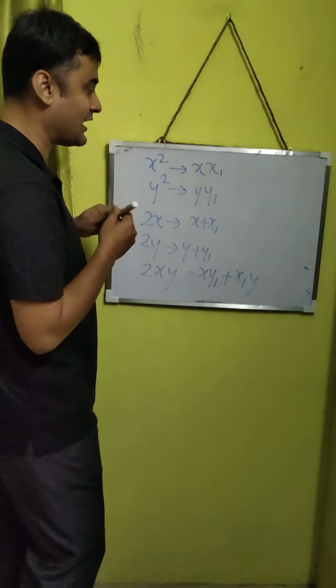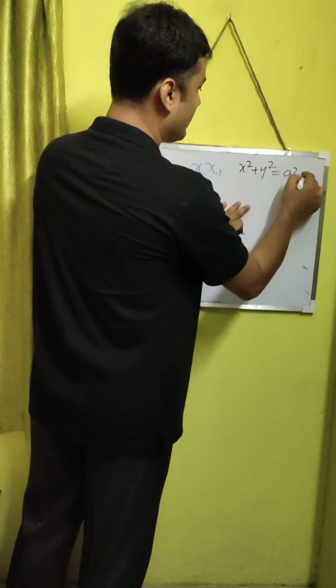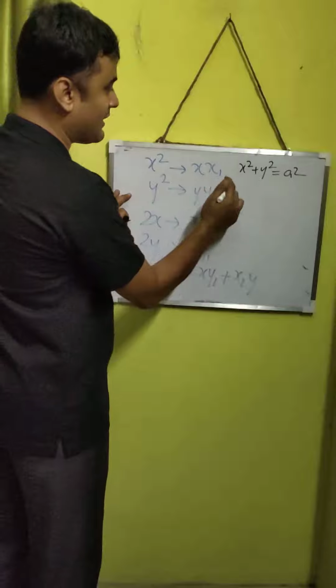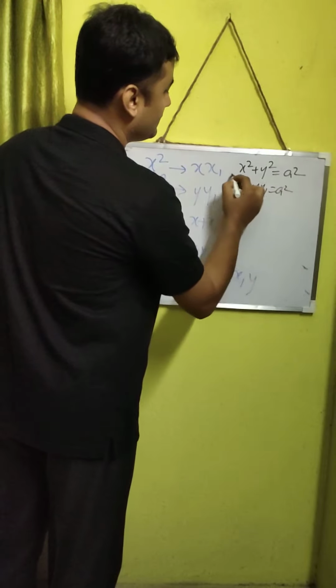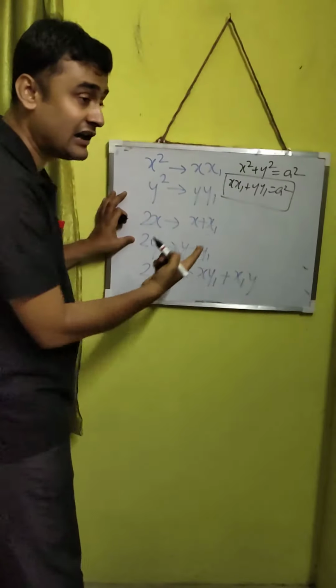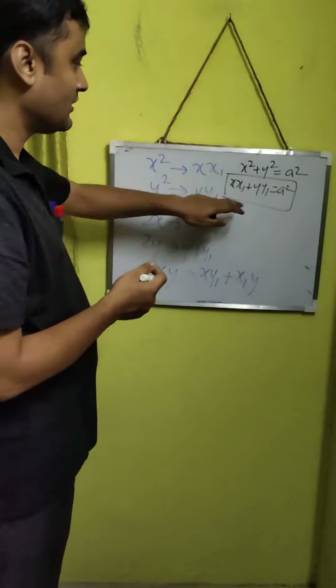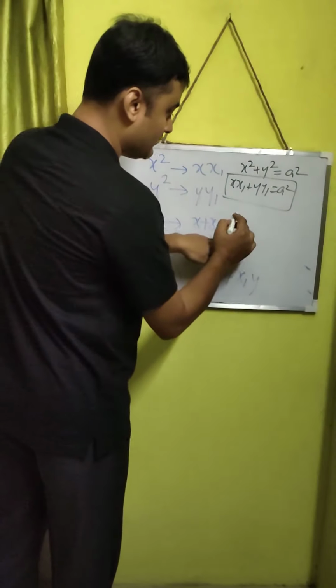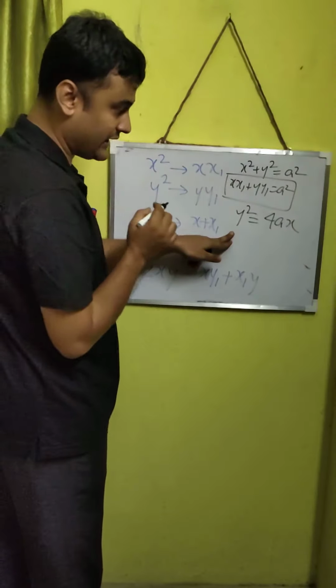So we did two equations, right? One of the standard equations of the circle, x square plus y square equal to a square. So replace this x square by x1. That is the same thing we found out a little ago, right? Okay, now let us take the example of the parabola.